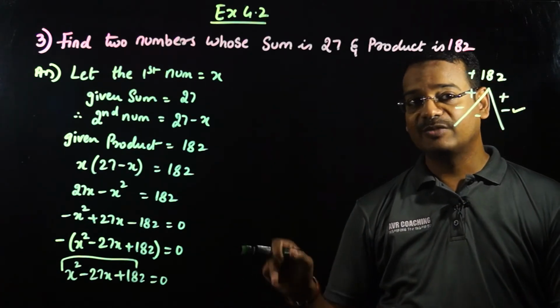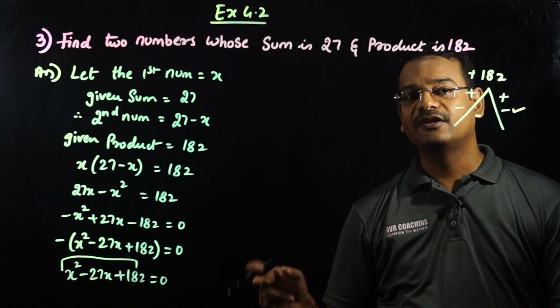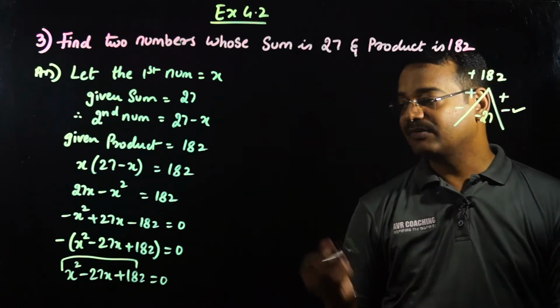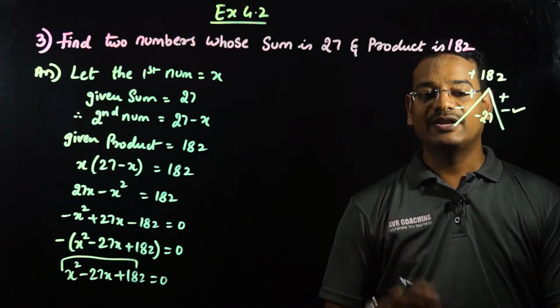Now we are going to split 182 in such a way that when we add the terms we will get 27 and when we multiply it we will get 182.